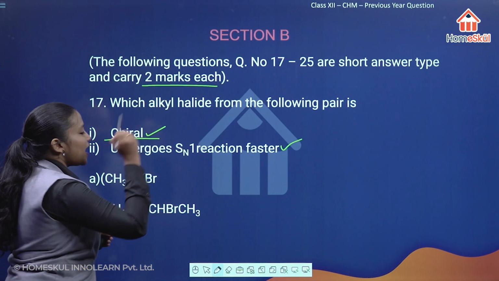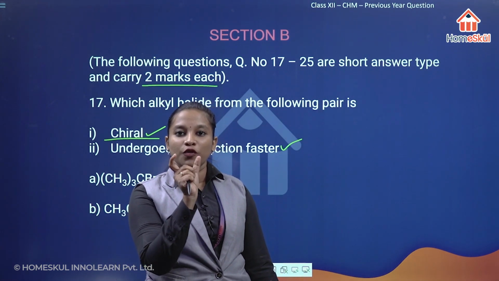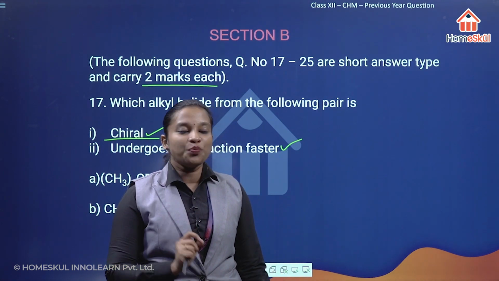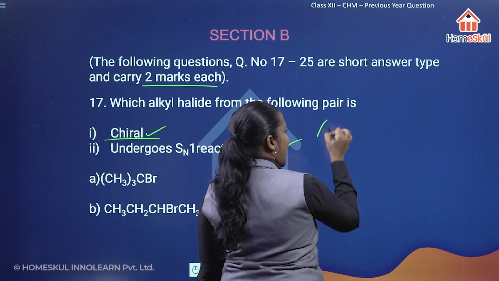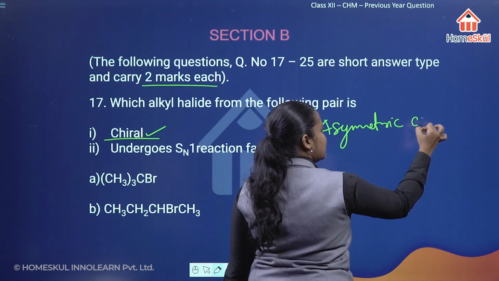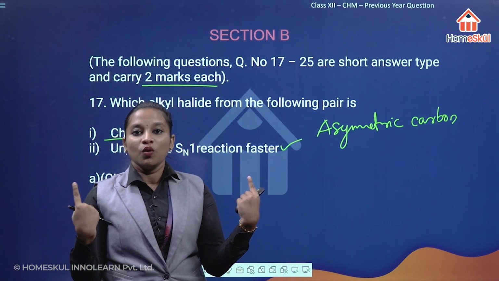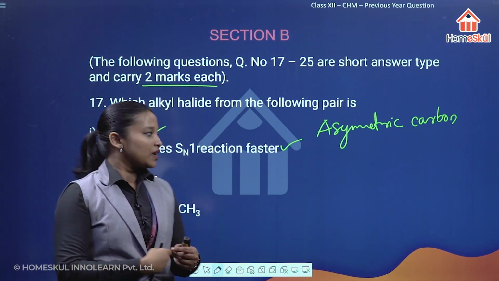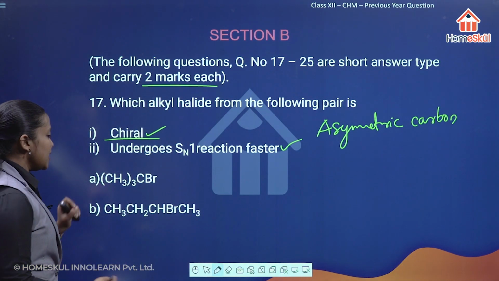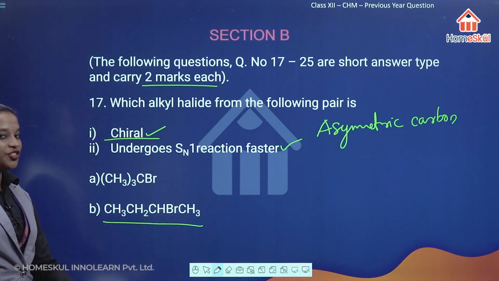In the case of chirality, the one thing we should bear in mind is that for a molecule to be chiral, it should possess an asymmetric carbon. What is meant by asymmetric carbon? Its 4 valencies are attached to 4 different groups. So here we can see CH3CH2CHBrCH3.